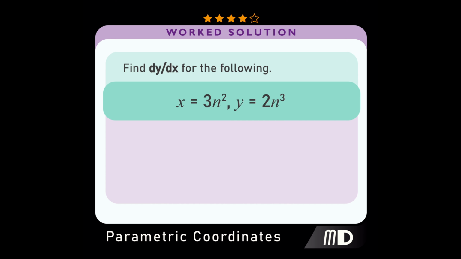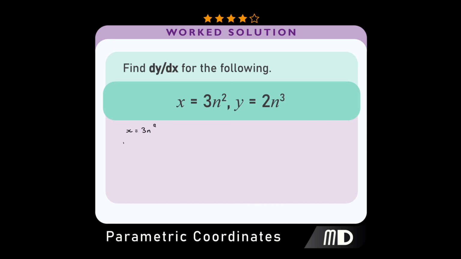The question tells us that x is equal to 3n squared. And using the power rule for differentiation, we need to multiply by the power, which is 2. Then reduce the power by 1.